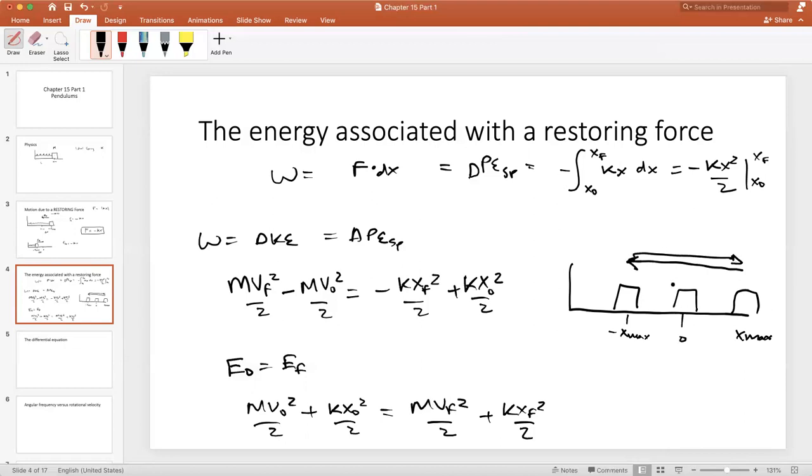Couple things here. At this point, we know that v is 0, and at this point v is 0. Here, because x is 0, if the energy at any time is mv squared over 2 plus kx squared over 2, if x is 0, then we know that v has to be a max here. So this is all kinetic energy. This is all potential energy. This is all potential energy.